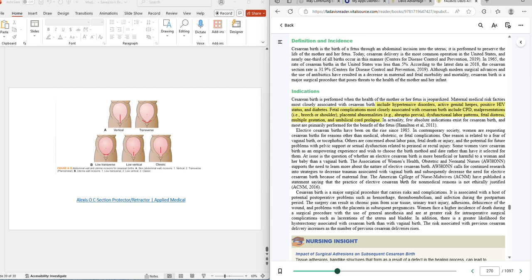A lot of people just want a C-section because they don't want to face the pain of a vaginal delivery. But when you cut through 7 layers of abdominal tissue, you don't understand pain until that happens. So if you've had a C-section, you know what I'm talking about.